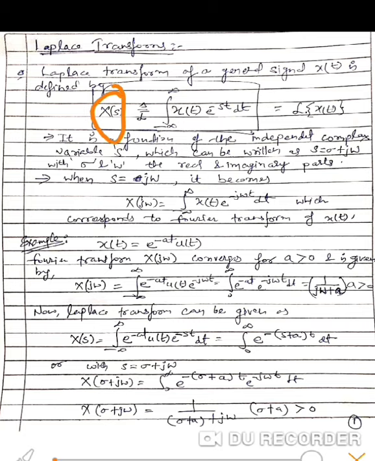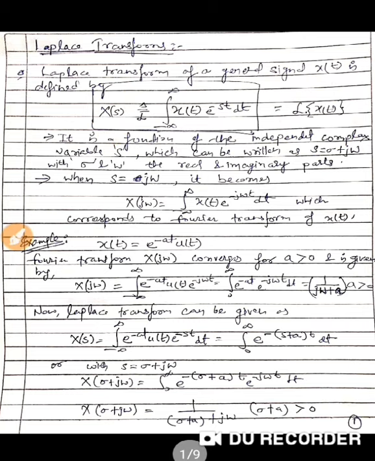X(s) is the Laplace transform of signal x(t), which is nothing but the integral of x(t) multiplied by e raised to power minus st dt, and the limit is minus infinity to infinity. It can also be denoted as L of x(t), that is Laplace transform of x(t).